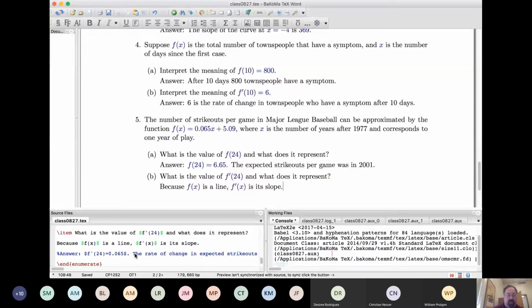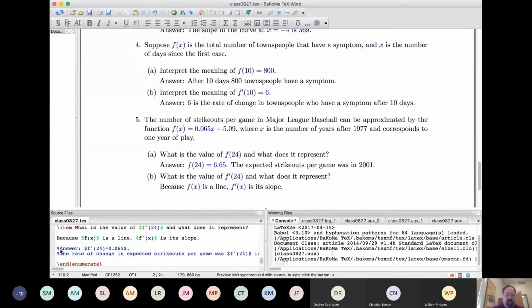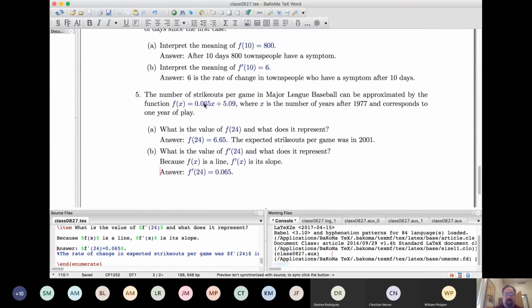So f prime at any point, not just x equal 24, but any point would be equal to 0.065. But as for what it means, since f refers to number of strikeouts per game, f prime is the rate of change in strikeouts per game. And again, in 2001, because x is 24.